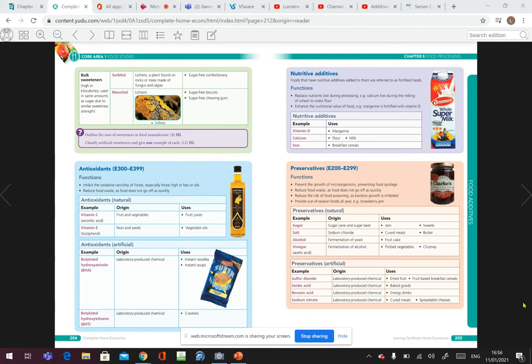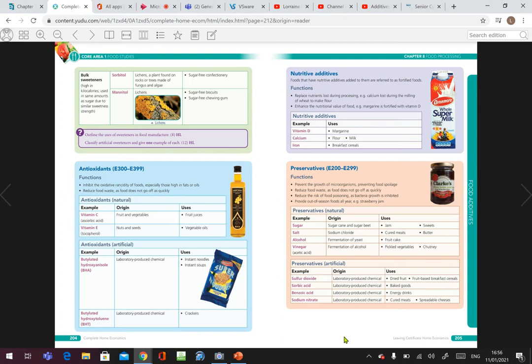BHA is laboratory produced, and it's found in instant noodles, such as super noodles, and instant soups, something you just have to add water to or heat up. BHT is also a laboratory produced chemical, and it's found in the likes of crackers. It stops oxygen going in and softening them down and making them inferior in quality. So even though the packet is open, the quality of the product shouldn't be diminished at any stage.